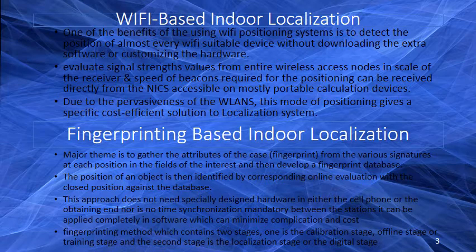The fingerprint method contains two stages. One is the calibration stage, which is also called the offline stage or training stage. And the second stage is the localization stage or the online stage. In the calibration stage, all the fingerprint databases are provided to the system for training purposes.